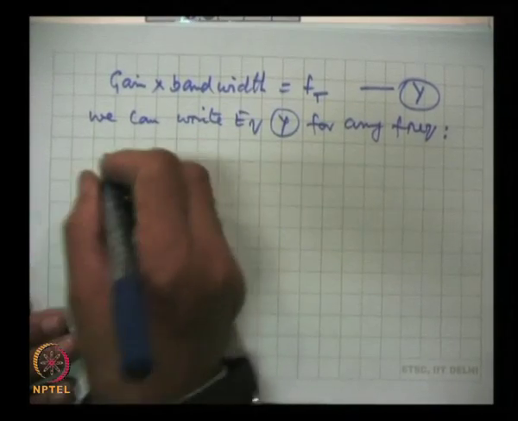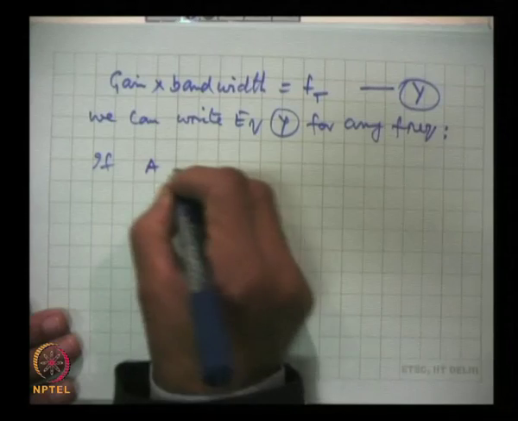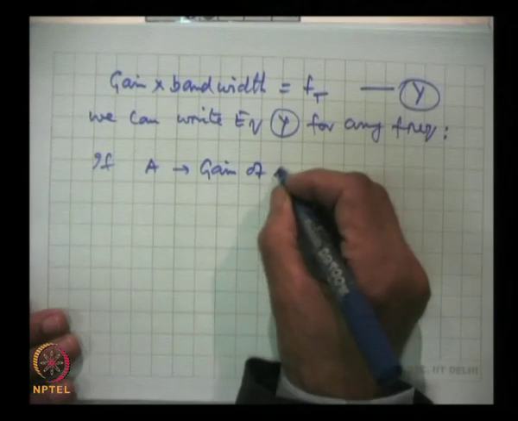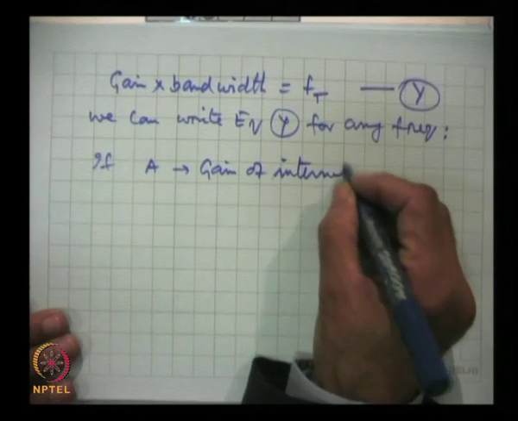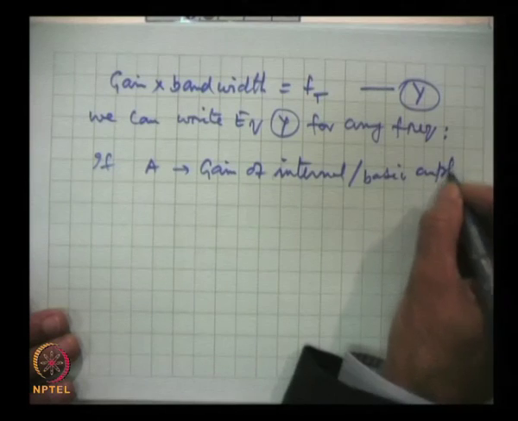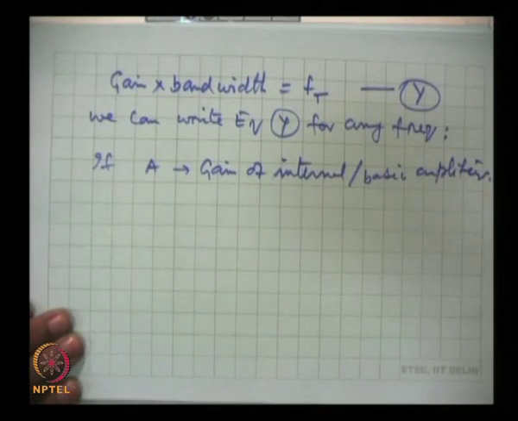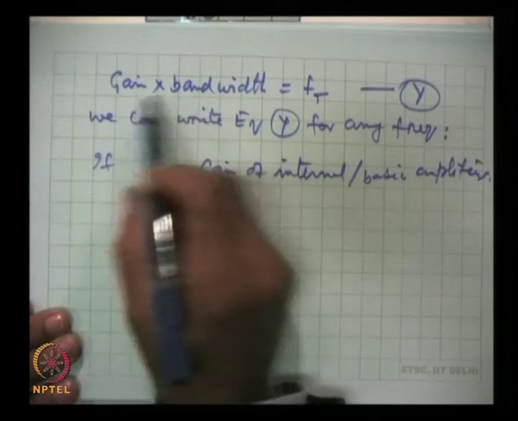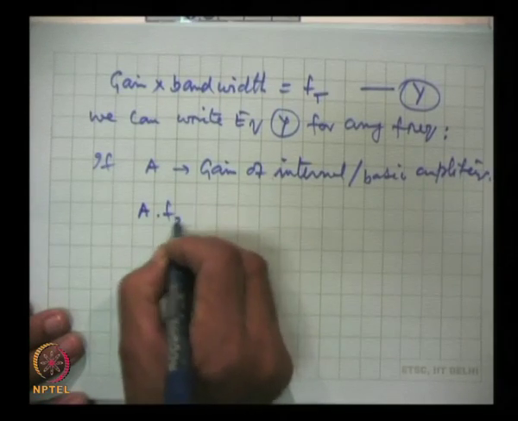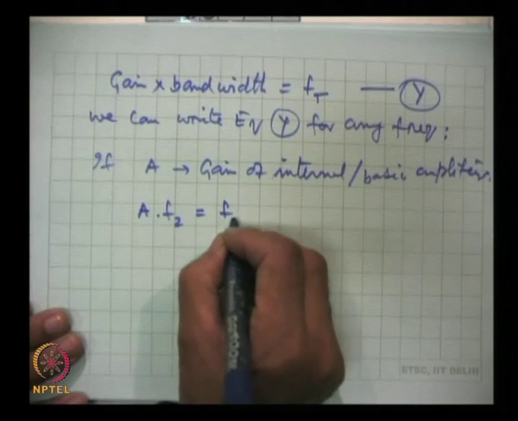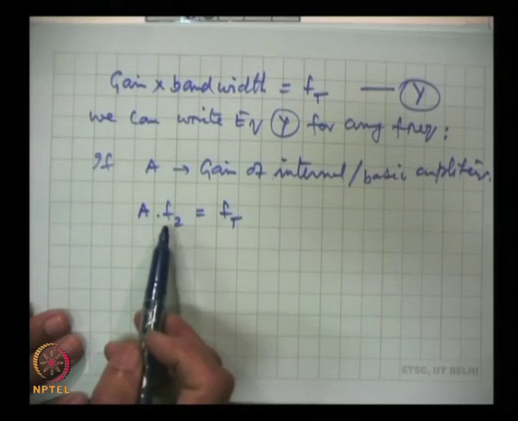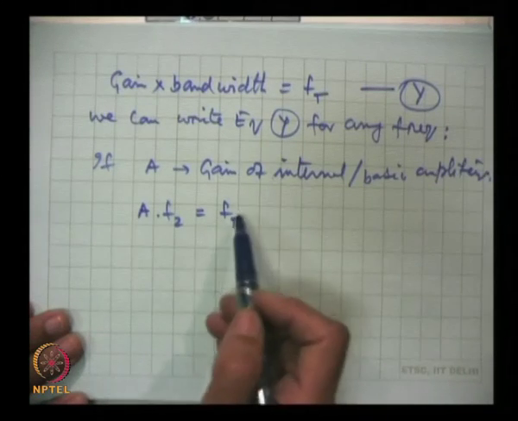So, if A is the gain of the internal basic amplifier, that means the amplifier without feedback, then we can write this equation like this: A into f2 equal to ft, the gain bandwidth product.